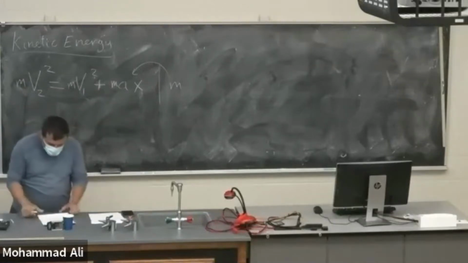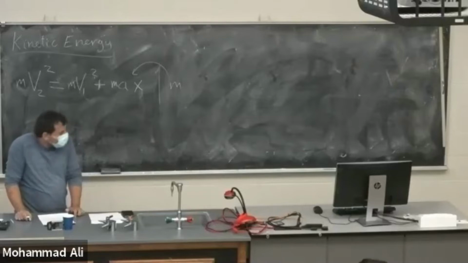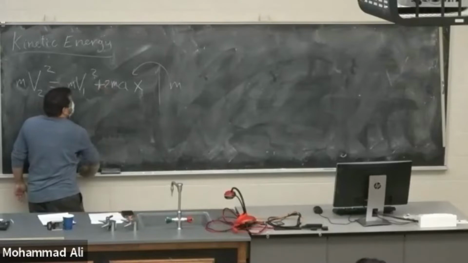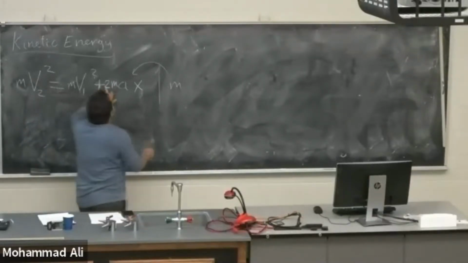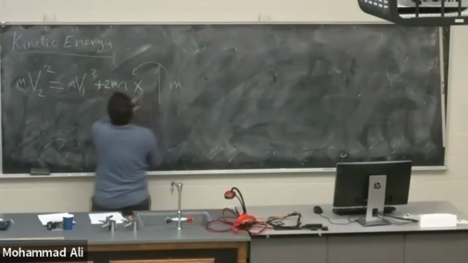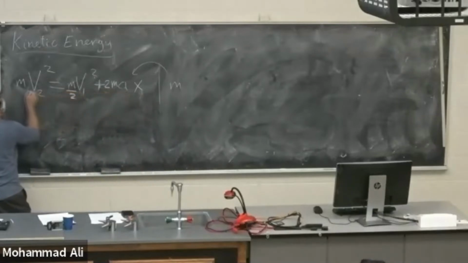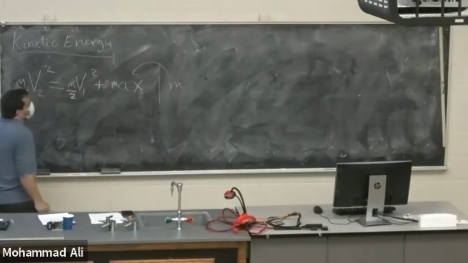Okay? We have 2 here, from the beginning, we have 2AX. Divide over 2 everything. This is over 2, this is over 2, and we remove the 2 from here.